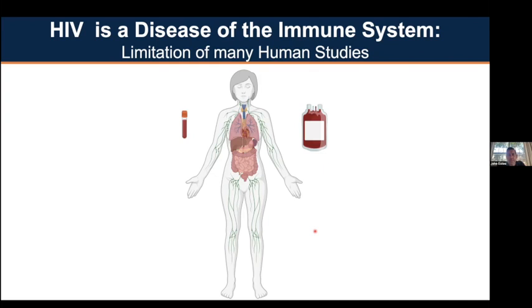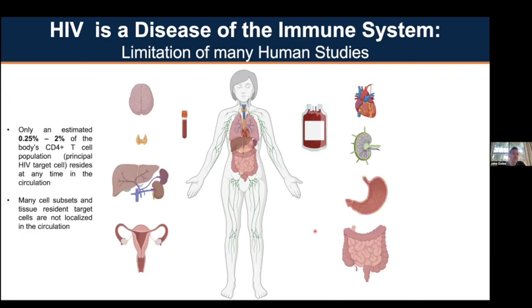However, there are some limitations to focusing on peripheral blood studies. For example, only an estimated 0.25% to as much as 2% of the body's CD4 positive T cells actually reside within the circulatory system at any time. Importantly, many cell subsets that are infected by HIV are tissue resident cells and actually cannot be found in the circulation.